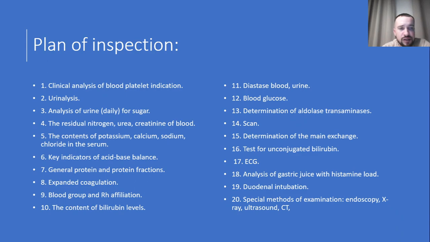Key indicators of acid-base balance, general protein and protein fractions, blood group and Rh affiliation, the content of bilirubin levels, diastase of blood and urine, blood glucose, determination of aldolase, transaminases, scans like CT, determination of the basal metabolism, test for unconjugated bilirubin, ECG, analysis of gastric juice with histamine load, duodenal intubation, special methods of examination like endoscopy, X-ray, ultrasound, CT.